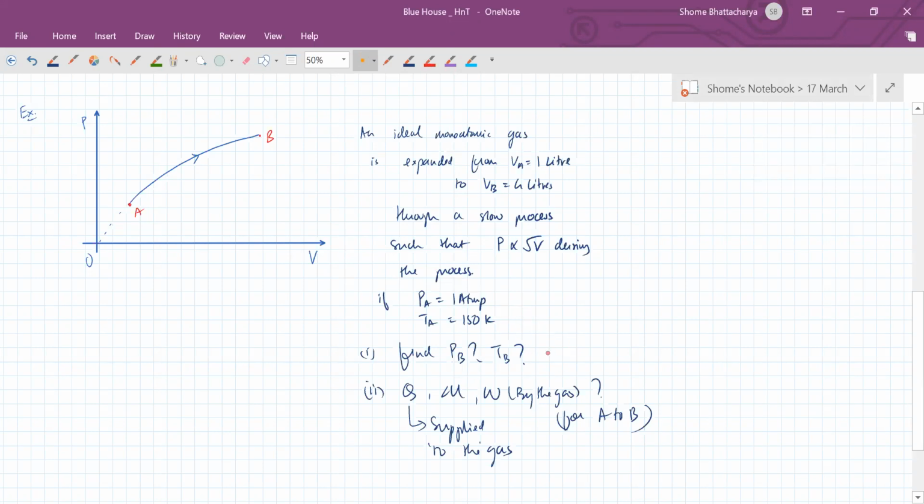Yes, good. So you can see for the first part, we can just use the relation P is proportional to root V. So pressure at B becomes 2 atmospheres.